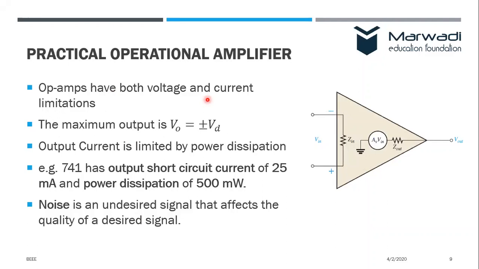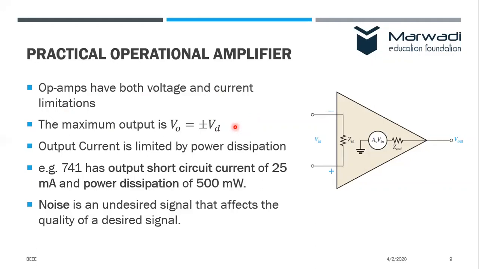For example, in an operational amplifier, the maximum output voltage is plus or minus Vd. That means the output voltage maximum can be plus Vd and minimum it can be minus Vd, where Vd is the supply voltage. So the maximum output that we can get from the operational amplifier is limited by the supply voltage.